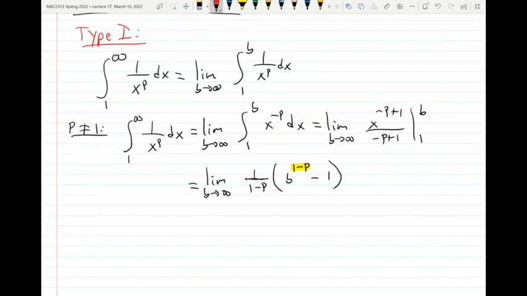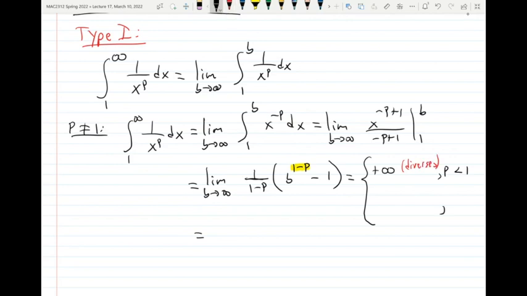So this is going to be equal to, so there are two situations, right? So when p is less than 1, what happens to this limit? The b stays on top, so we're going to get positive infinity, and therefore that means it diverges.